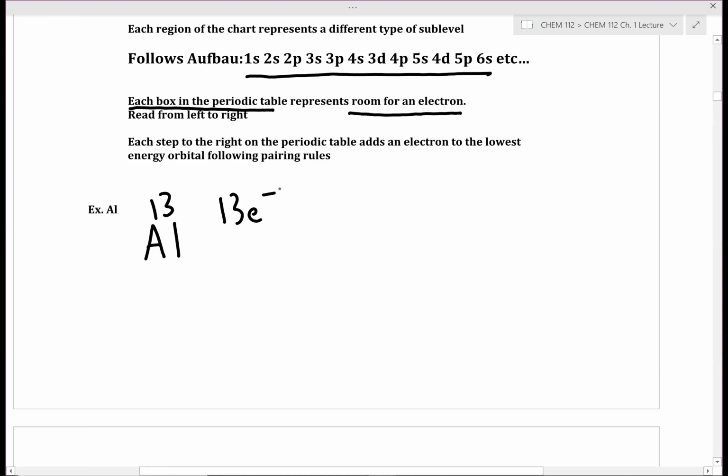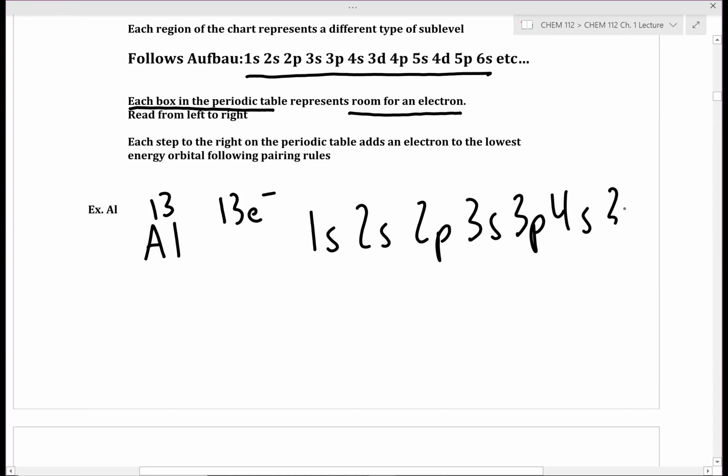So using our general orbital filling order, 1s, 2s, 2p, 3s, 3p, 4s, 3d, where do we start placing our electrons? 1s. How many electrons maximum can we place in a 1s orbital? 2. S orbitals can hold a maximum of 2.